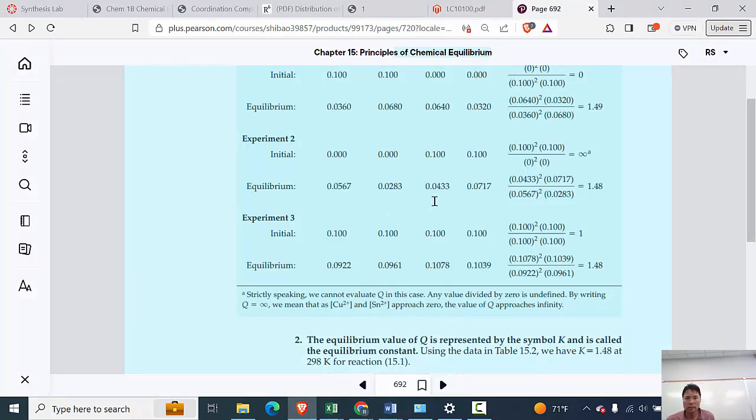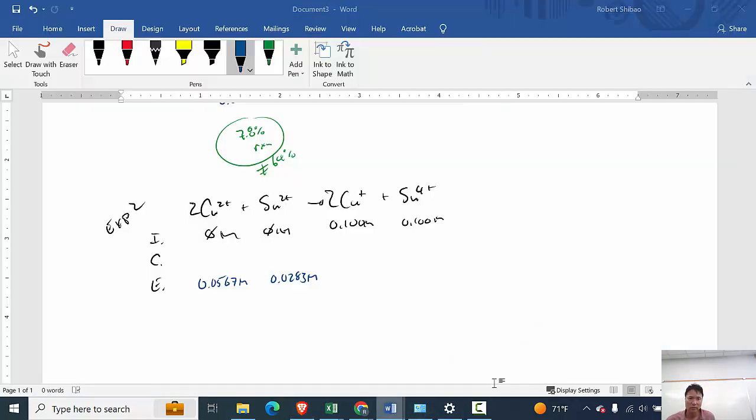And the second two are going to be 0.0433 and 0.0717. 433 and 717. 0.0433 and 0.0717. Here.